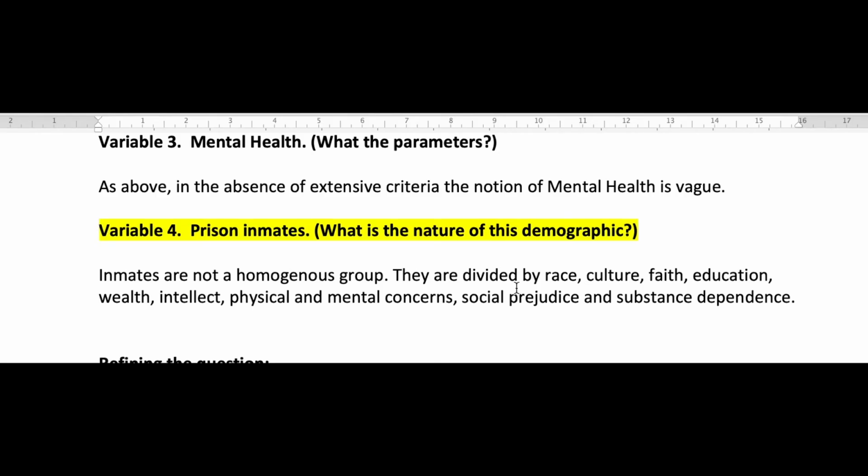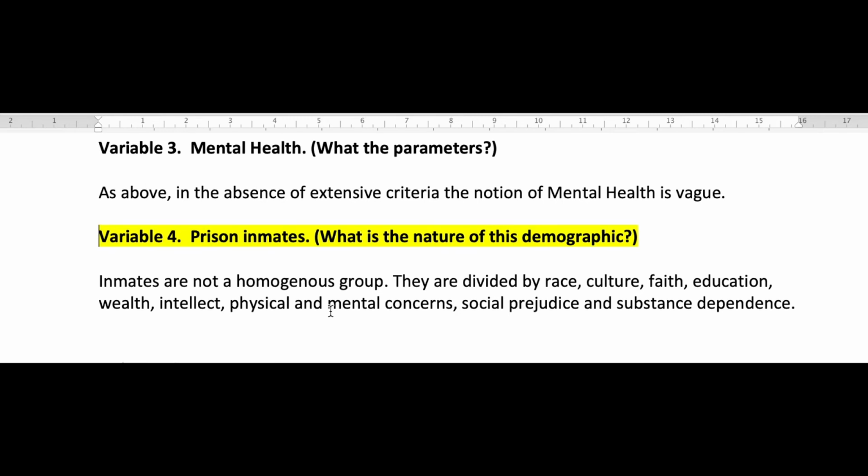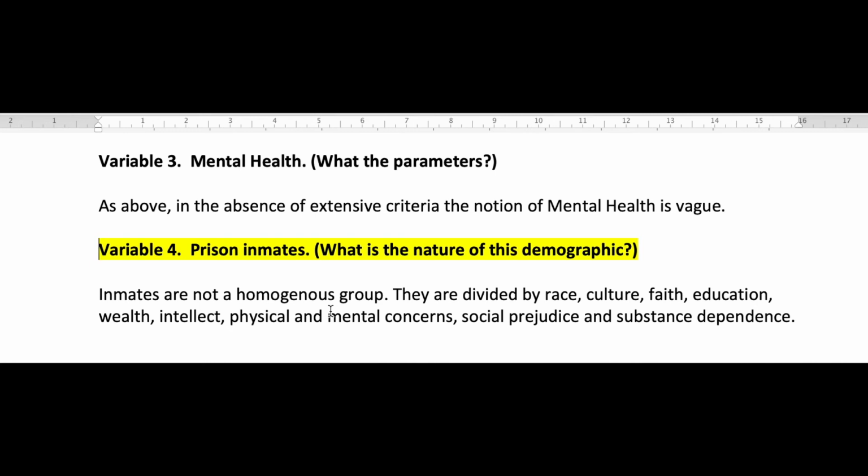They're divided by race, culture, faith, education, wealth, intellect, physical and mental concerns, social prejudice, and in some cases, substance dependence. That group is so diverse that a reference to them as a single entity really becomes nonsensical and doesn't allow us to progress with our research.